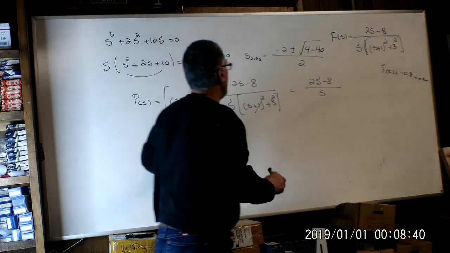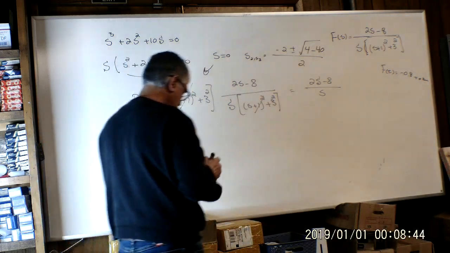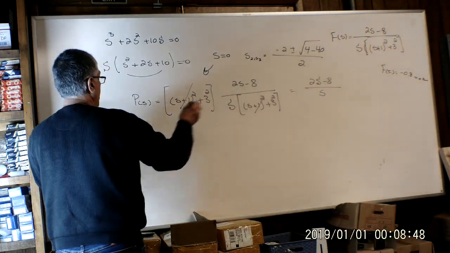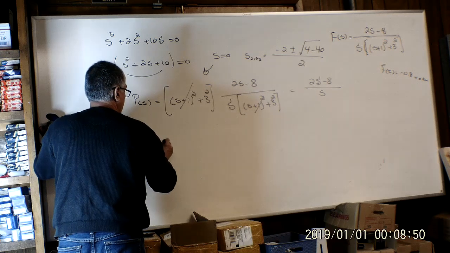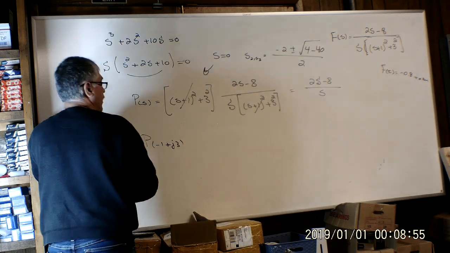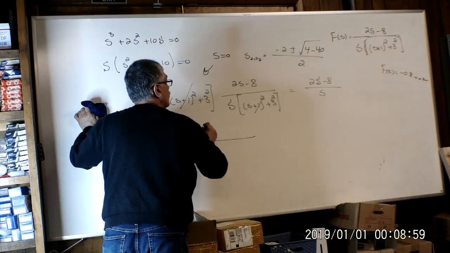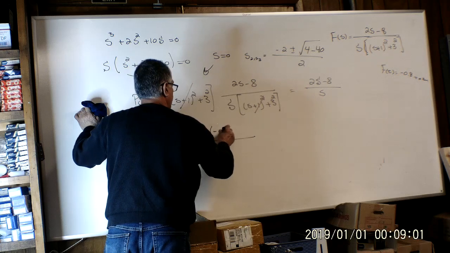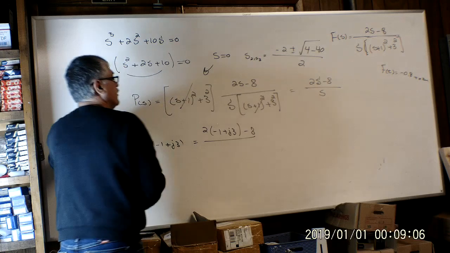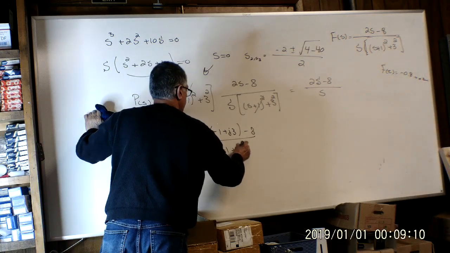Now we have to find our P at minus 1 plus j3, which will be equal to 2 times (minus 1 plus j3) minus 8 divided by (minus 1 plus j3).